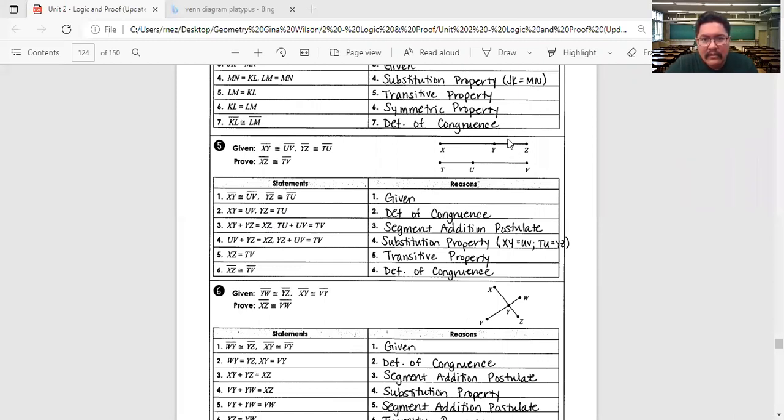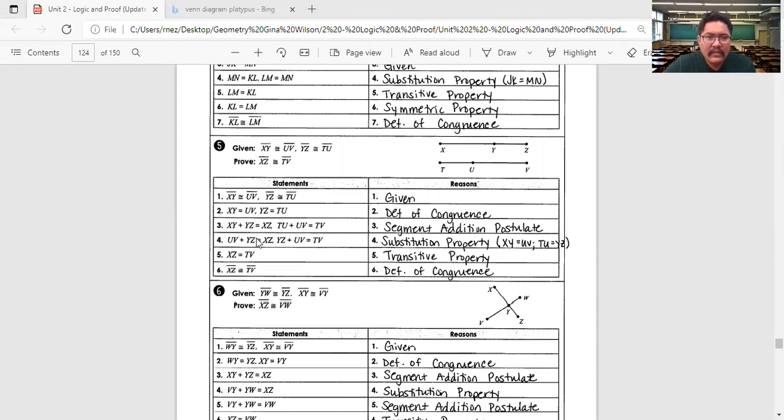XY plus YZ. So they're saying the big segment plus the little segment equals from X to Z. And the second statement is just saying TU and UV. If we add them together, we get the length of TV. And they're just telling you that this is the segment addition postulate. That's all they're saying, that it's a very common basic property.